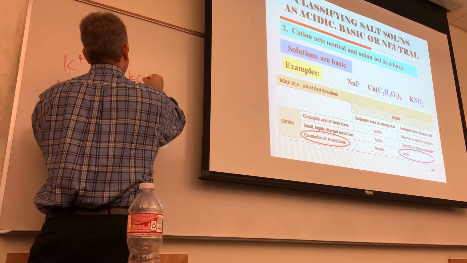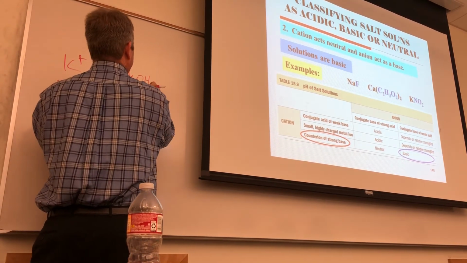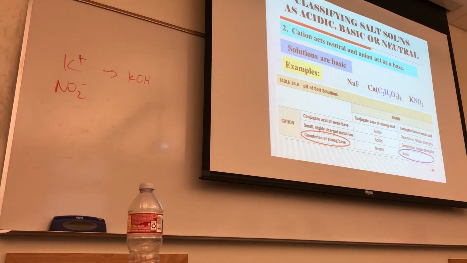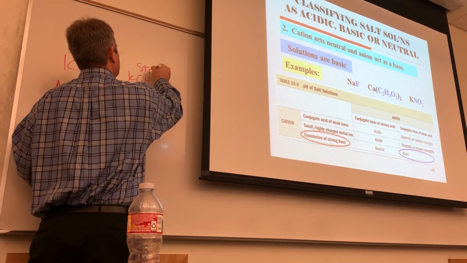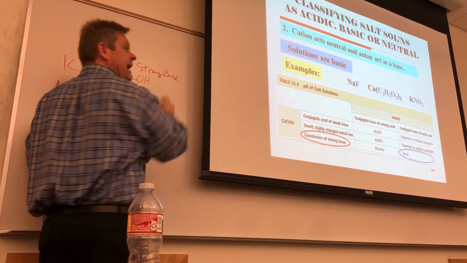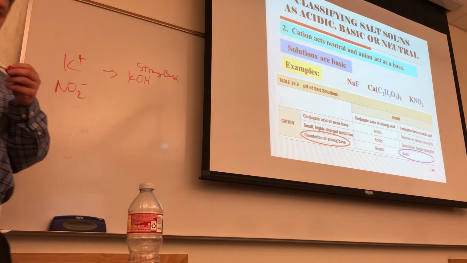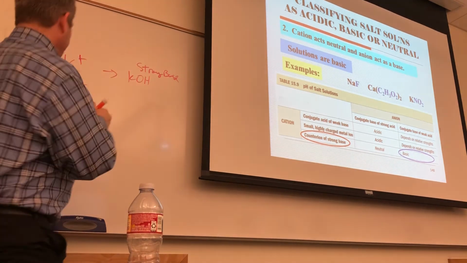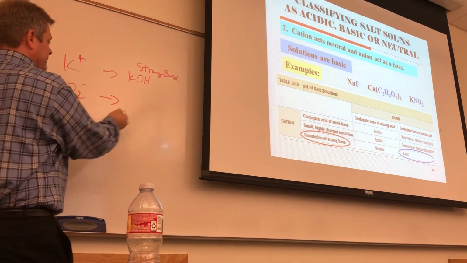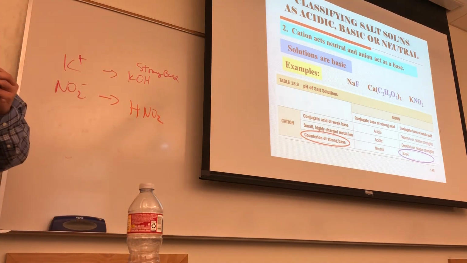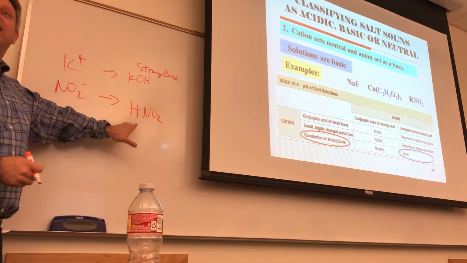I get KOH. If I put this in water, do I get 100% ionization? Yes. This is a strong base. You know that, right? It doesn't have a nitrogen, and it's not an amine group or anything else. It's a hydroxide. If I put this one as an acid, so I add an H there, HNO2, is this a strong or weak acid? 2 oxygens, 1 hydrogen.